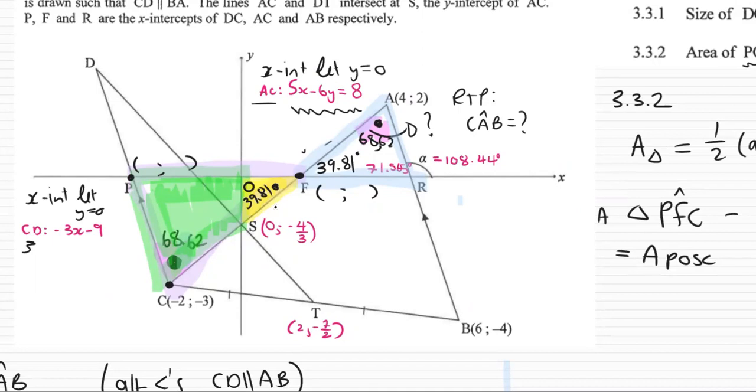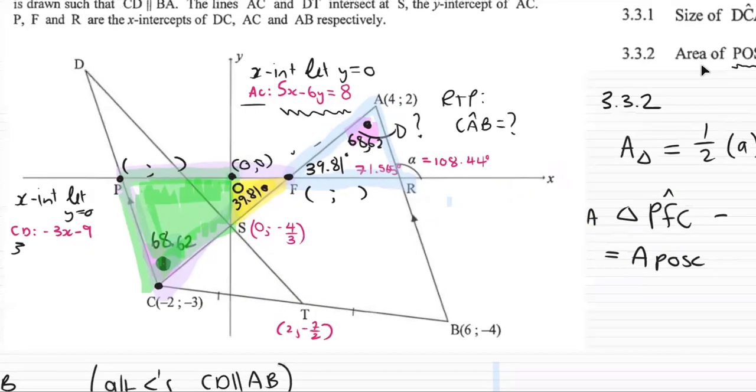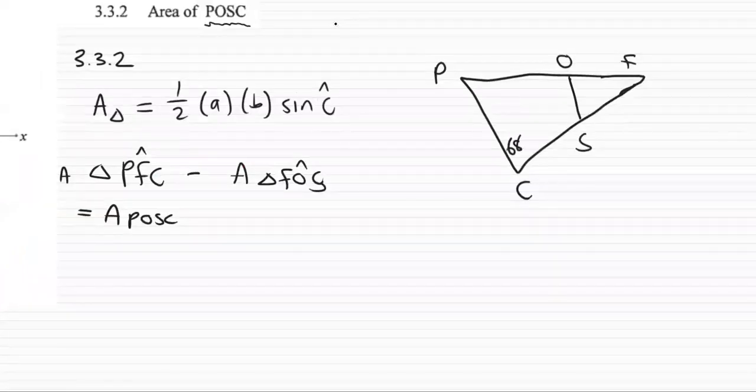I'm going to do all 3 just for the proof, but you only need to choose 2 of the sides and make sure you use either the 39.81 angle or, oh, that's an O. That was angle 0, that's O. Oh, we need O, which is just 0, 0, that we already have, that's the origin. So you either use the 68.62 or 39.81. So we're either going to be using this angle or we're going to be using this angle.